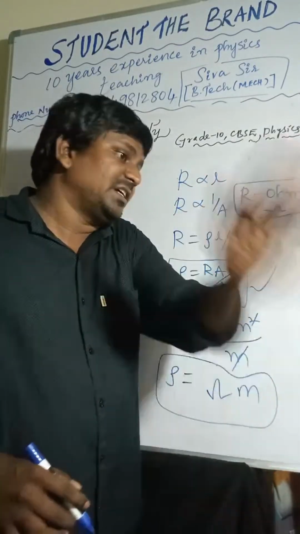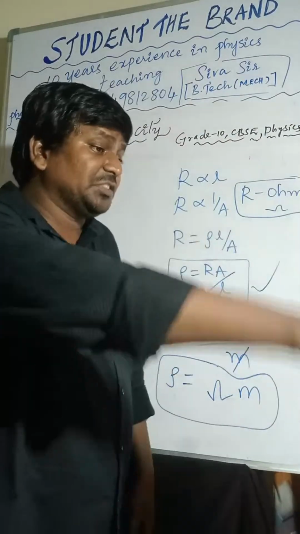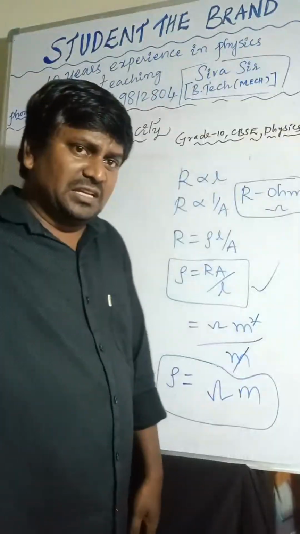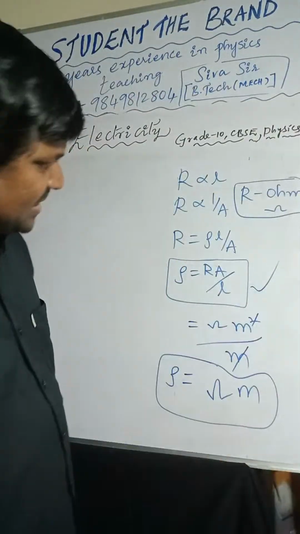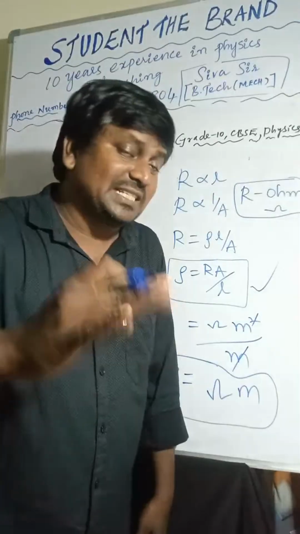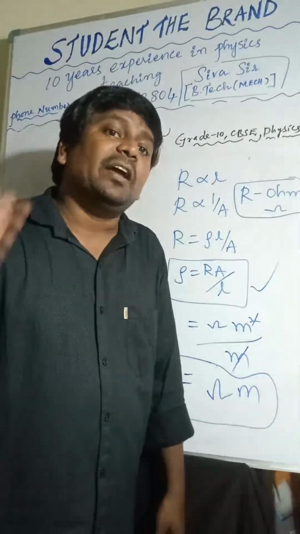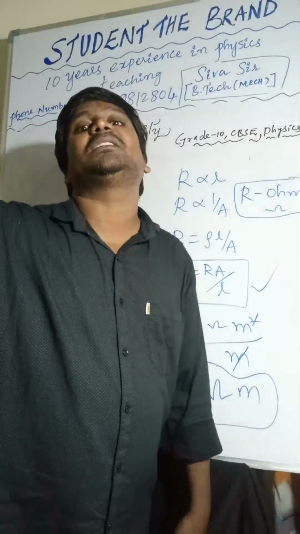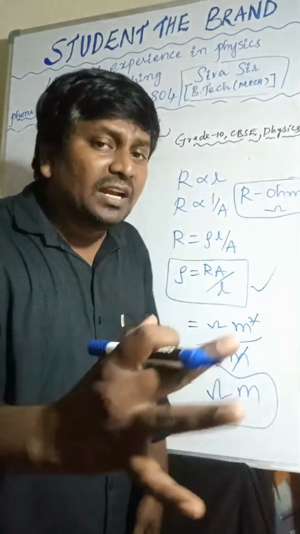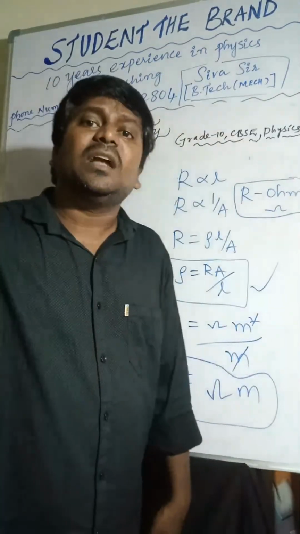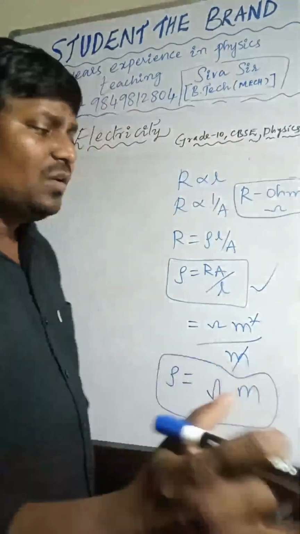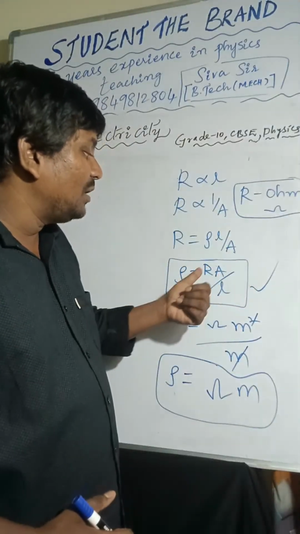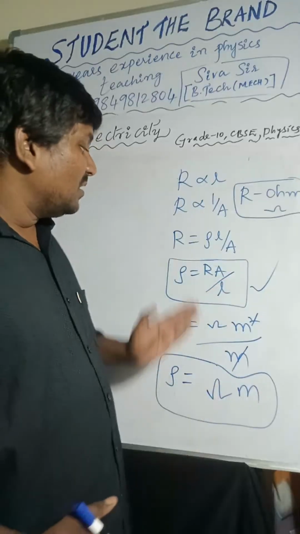Resistivity is equal to resistance of the conductor per unit length and unit cross sectional area. R equal to rho into L by A, so rho equal to RA by L.